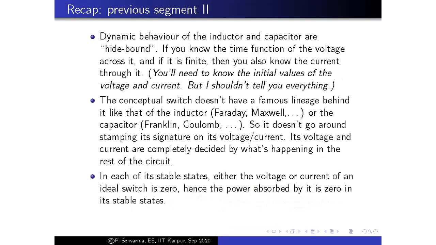The switch, however, is not so widely spoken of, and that's because everywhere in the classical study of electrical engineering, the switch is treated as a given. You probably might have done 10 pages of analysis, and the whole analysis started off with just one line: when we switch on the supply, the voltage is applied.